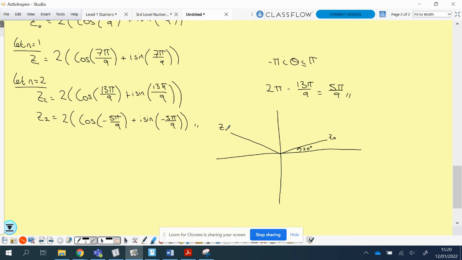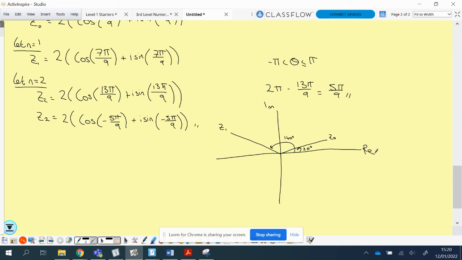I'm just going to draw this room to there as well. So that'd be z1. z0 and z1 should be the same size. They probably don't look like that in my sketch, but they should be.